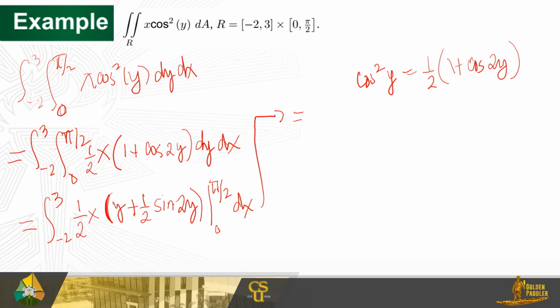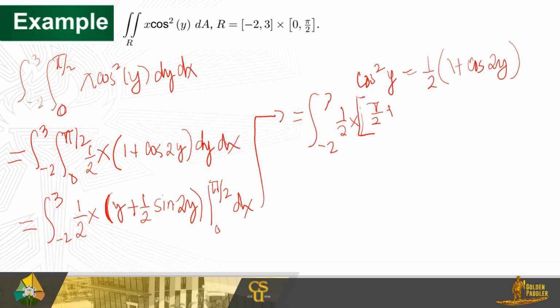So, meron tayong integral from negative 2 to 3 of 1/2 of x times, mag-bracket na lang ako dito, pi halves plus sine of 2 times pi halves, so that will be sine of pi. 2 times pi halves is pi, so sine ng pi is 0.